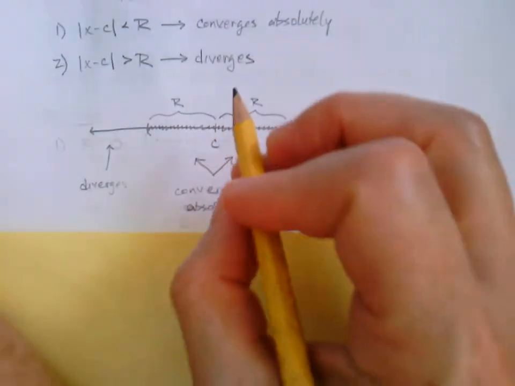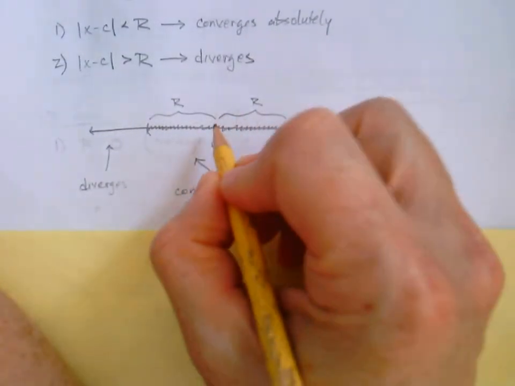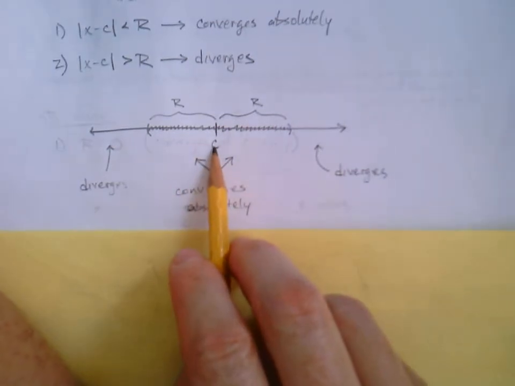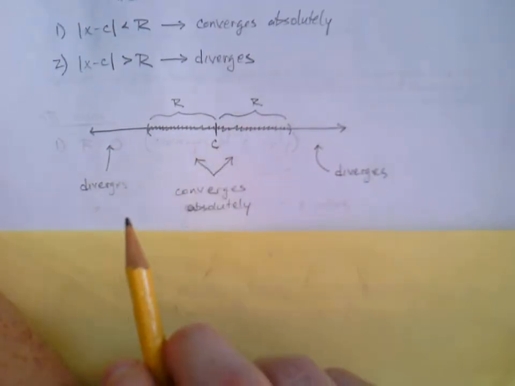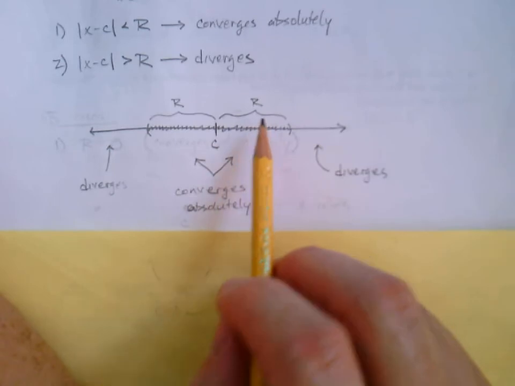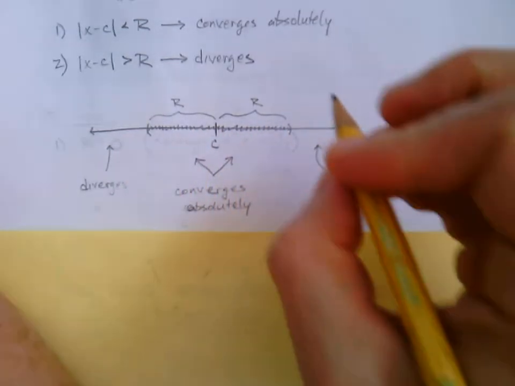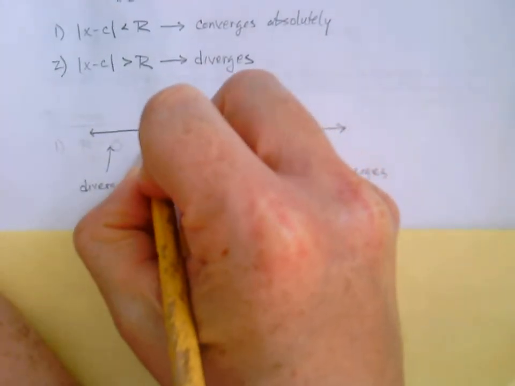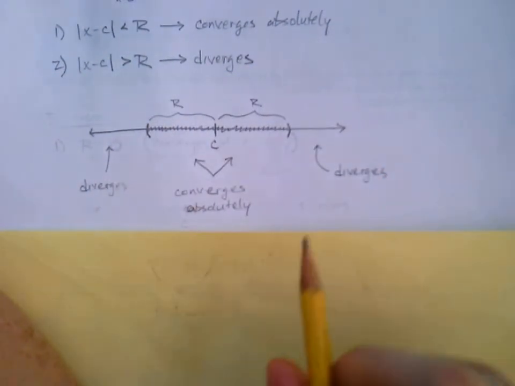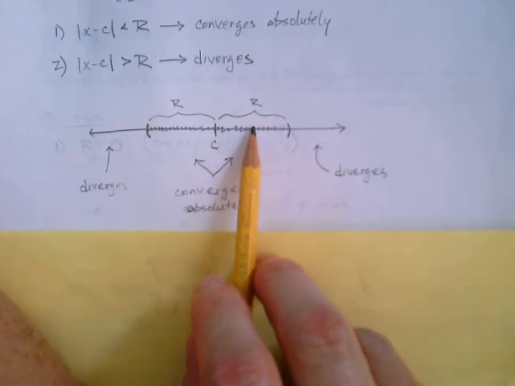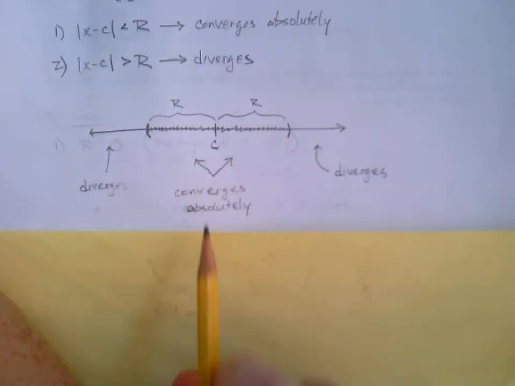So imagine, you know, we've got a number line here. c is right there at the center. So we know it at least converges at c. But if we have some kind of a positive radius and we can move outwards in either direction, that distance, then everything in here, all the x values inside that radius, converge absolutely.